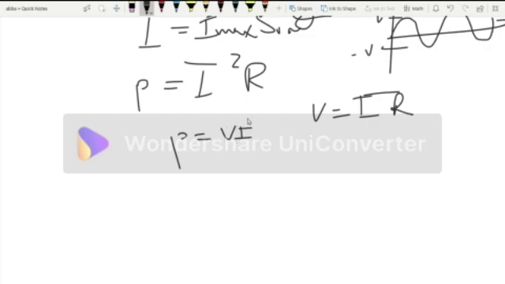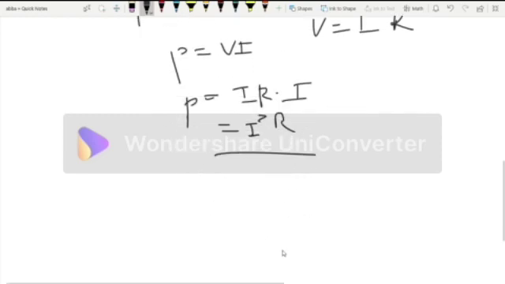So if we substitute V as IR times I, then I times I is I squared R. That is where we get this formula. So this is equal to I squared R, which is sine squared theta R.